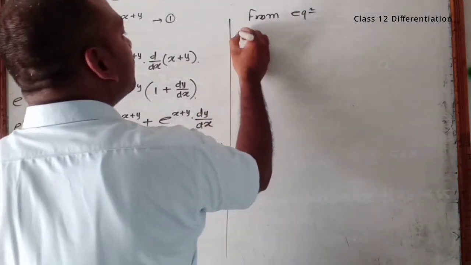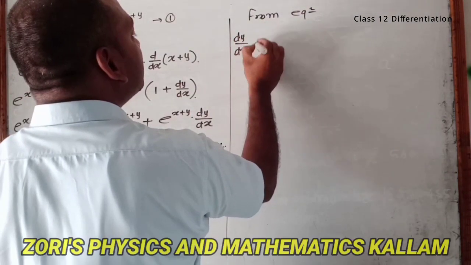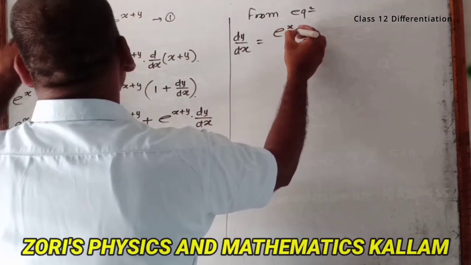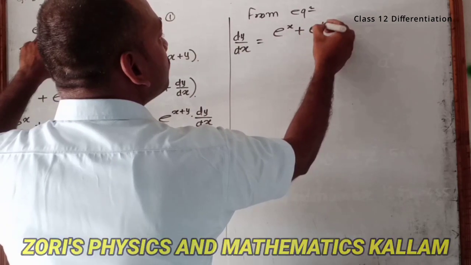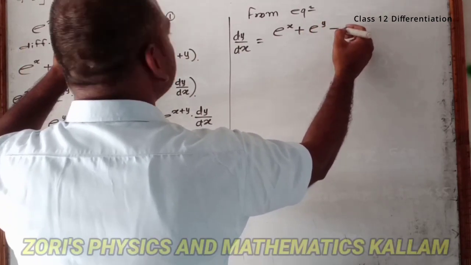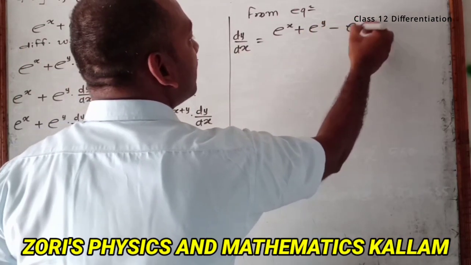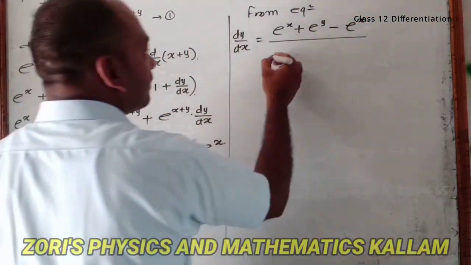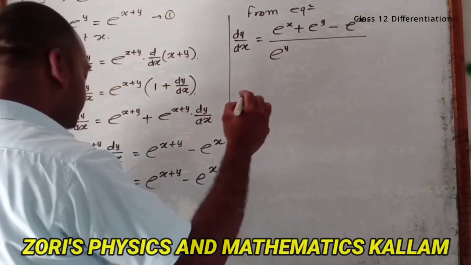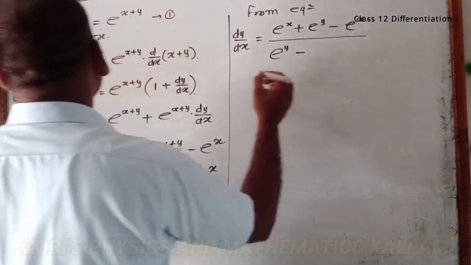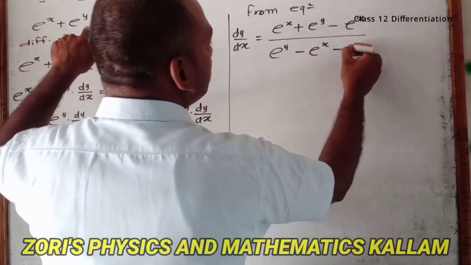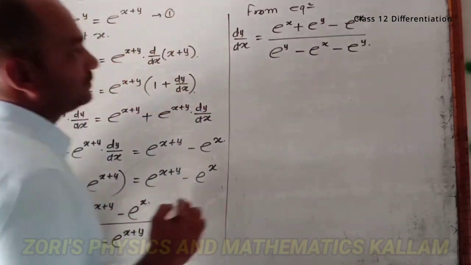So we have dy upon dx is equal to first e to the power x plus e to the power y minus this e to the power x divided by e to the power y minus e to the power x minus e to the power y.